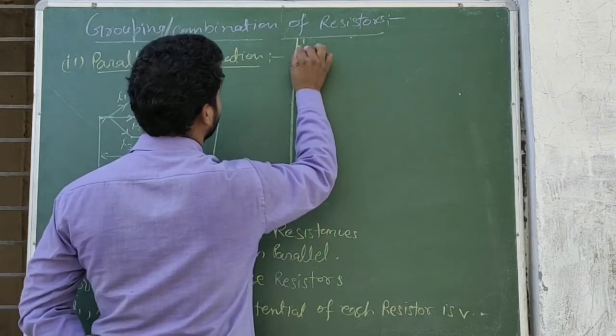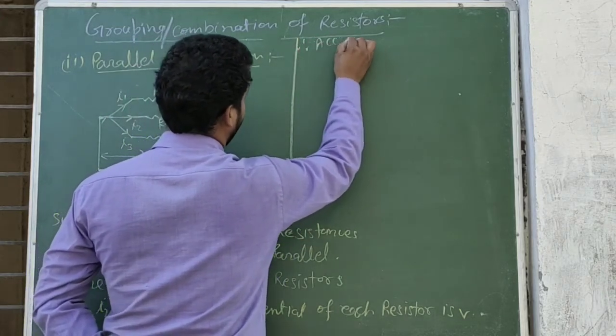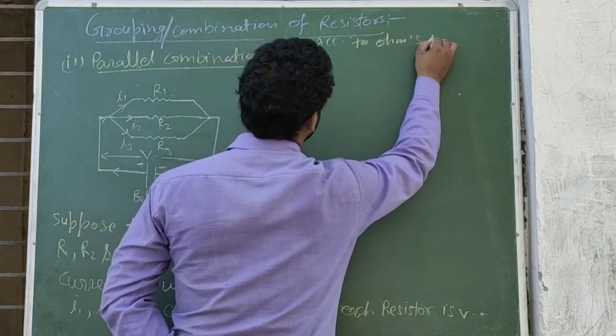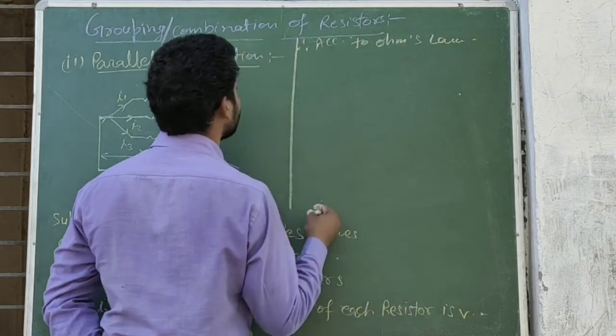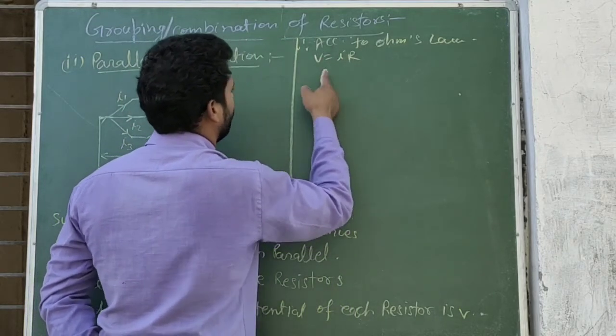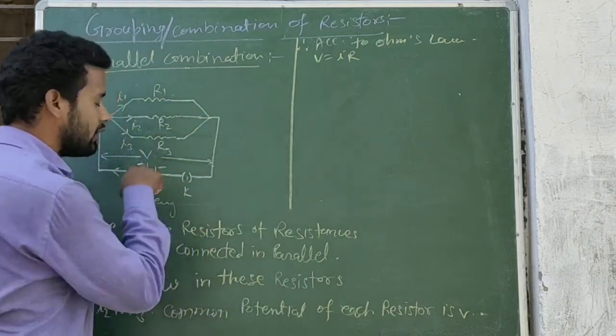Therefore, according to Ohm's law, V equal to IR. V is common for each resistor.